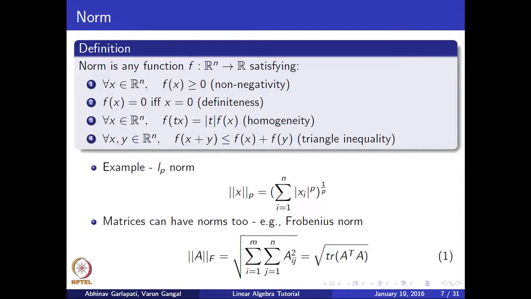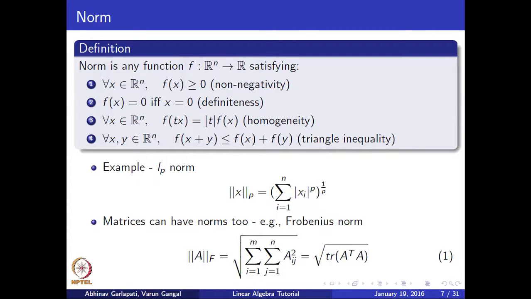And fourth, if we take any pair of vectors in our vector space, which is R^n, the norm of the sum of these two vectors should be less than or equal to the sum of their norms, which is also known as the triangle inequality. So this is in some way related to the fact that the third side of a triangle should always be less than the sum of the other two sides.